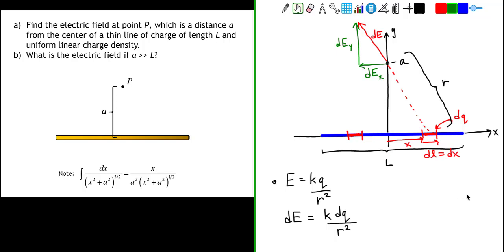I want to use symmetry. The reason why I put the origin passing right through the center of the line of charge is I'm seeing that I could use symmetry to help me solve for the net electric field at point A. And in using symmetry, for every point on the right side, we have a mirror point on the left side that is the same distance to point A and has the same magnitude of charge.